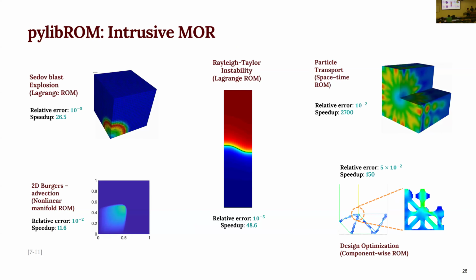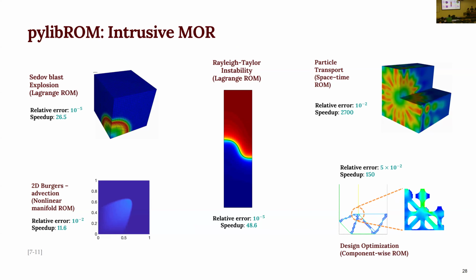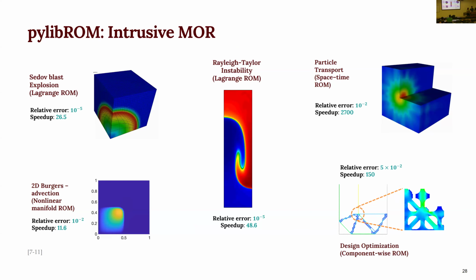As you know, reduced order modeling is a very active field of research, and the libROM community is committed to developing state-of-the-art algorithms. With pylibROM, we can do both intrusive and non-intrusive reduced order modeling.